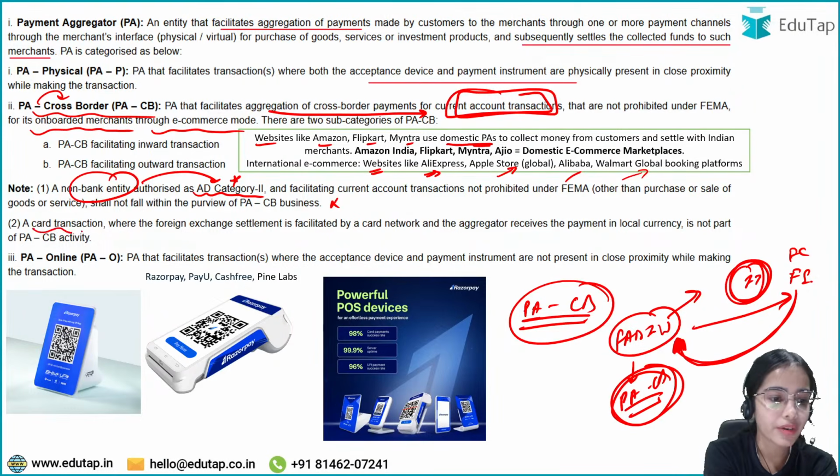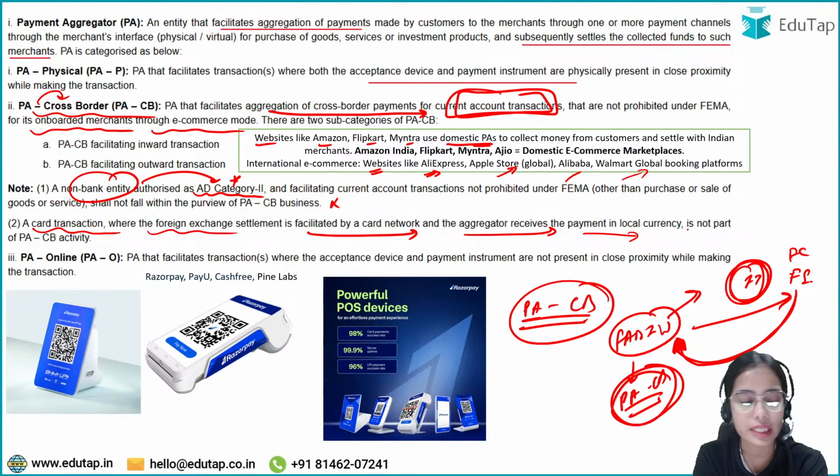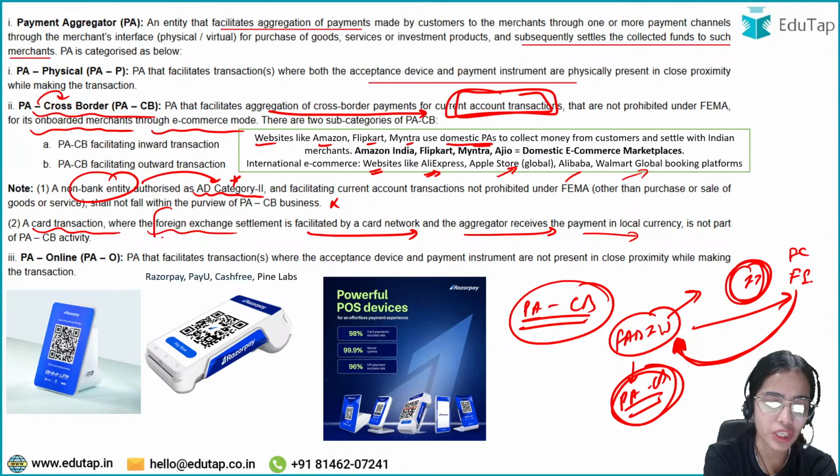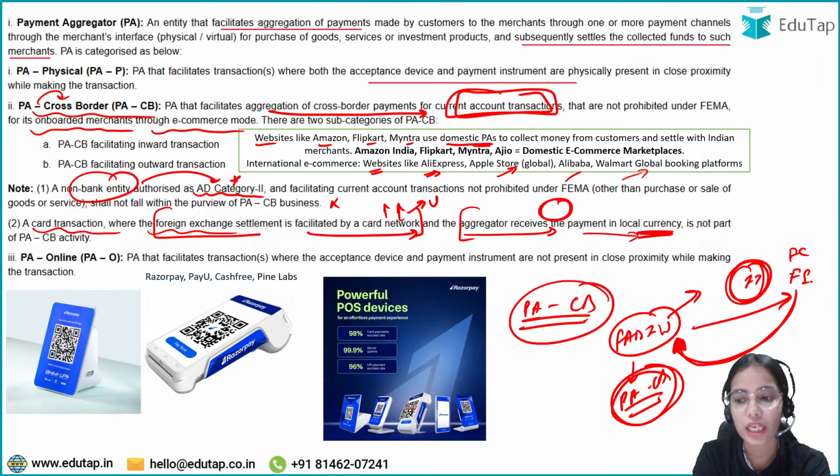Okay, a card transaction where the foreign exchange settlement is facilitated by a card network and aggregator receives the payment in local currency is not part. So a card transaction where basically foreign exchange settlement is facilitated by the card network like Visa, MasterCard, American Express and such, and the payment aggregator receives the payment in local currency. So this is also not a part of payment aggregator cross-border.